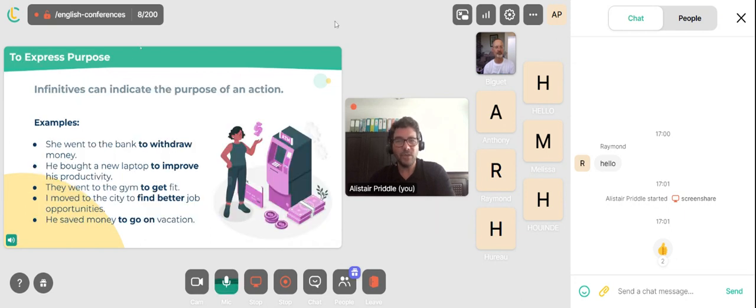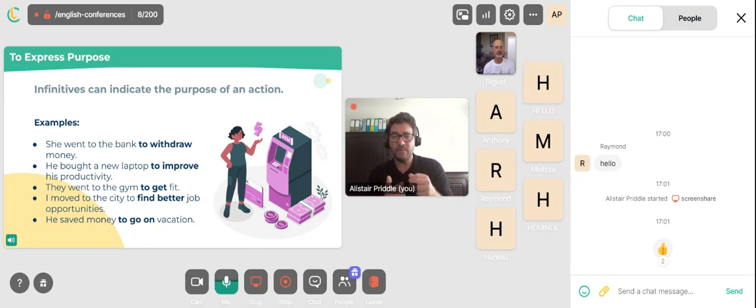We can also use full infinitives to express purpose. Infinitives can indicate the purpose of an action, why we do it. Let's have a look at these examples. She went to the bank to withdraw money.